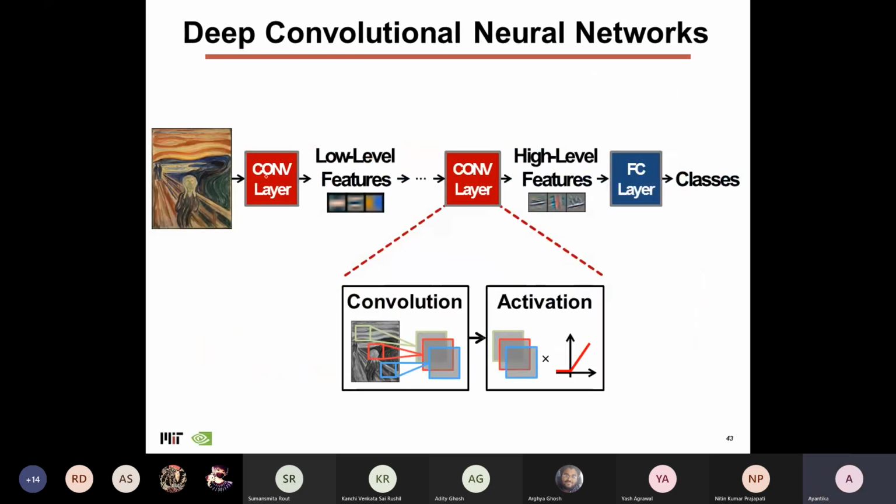So now I think this part is clear: what you are doing in this convolution layer, and associated with that, why we have the pooling layer and why we have this normalization layer.